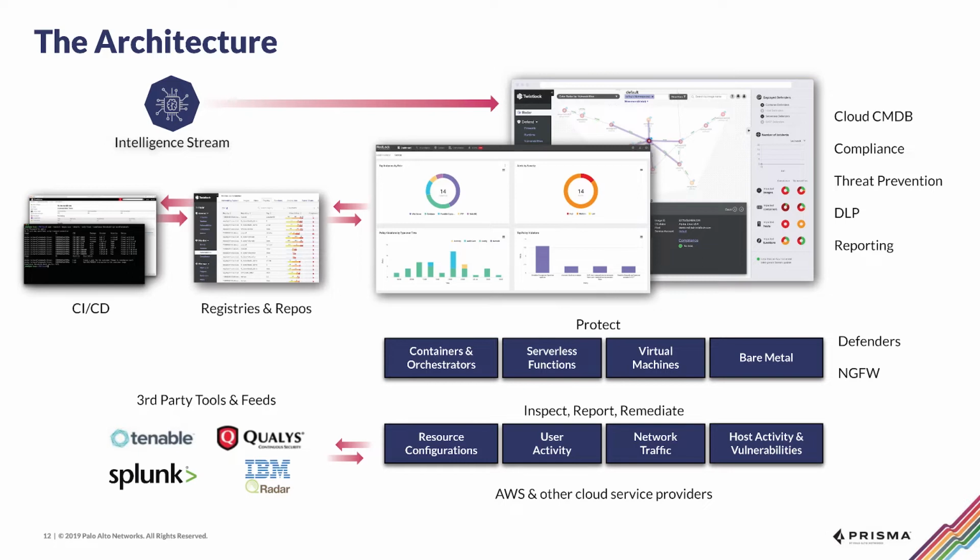Threat prevention is a big point for us. As you see, it's also one of the points we are having here. Data leak prevention, in regards to that you are storing data in the cloud, where you want to see what is in there, who put stuff in this, where this is exposed to, things like this. The reporting is one big item, and as you can see from the protection point of view, we are in the container and orchestration area doing serverless stuff, the virtual machines, the bare metals, and you see it's a multi-product play.